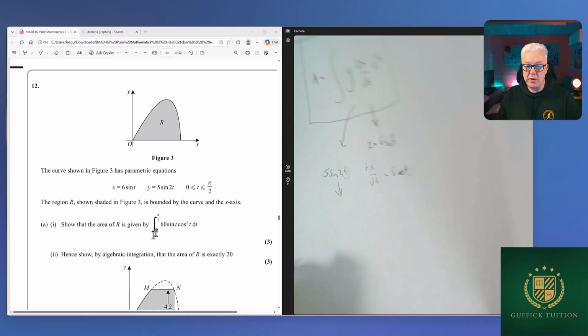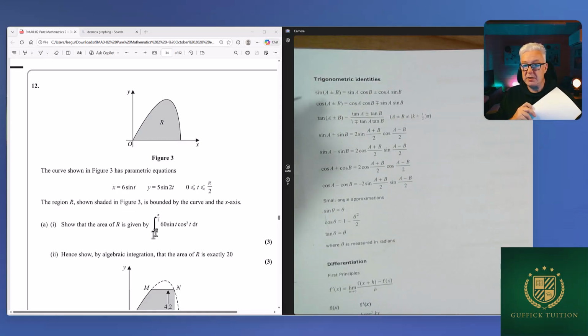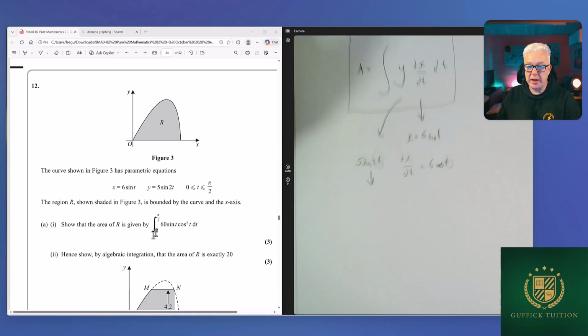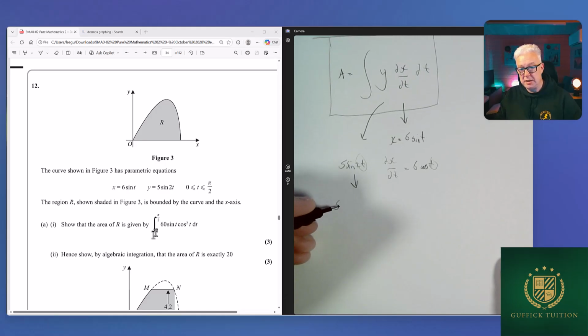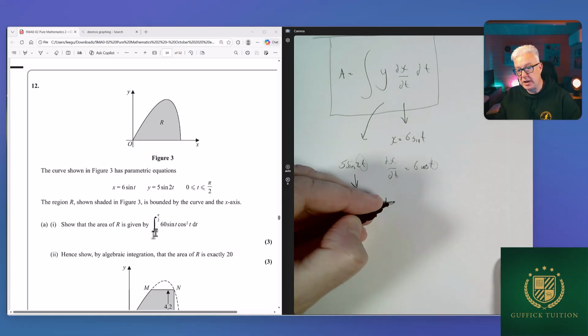And the identity that we would use for that is going to come from the formula booklet. So sine of a add b is going to be sine a cos b add cos a sine b. So in other words, sine of 2t is going to equal 2 lots of sine t cos t.